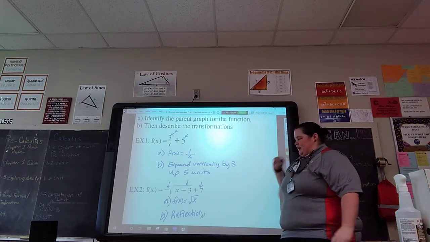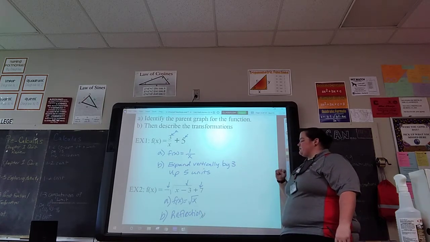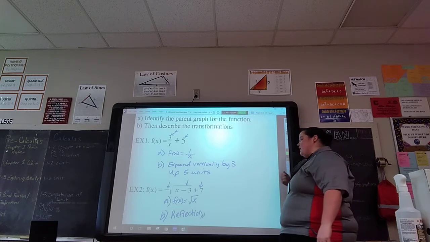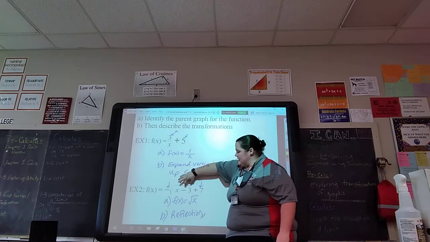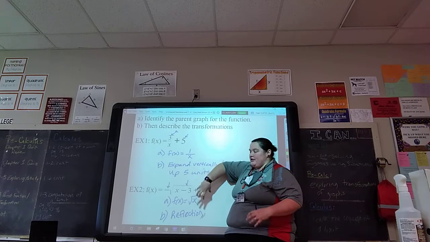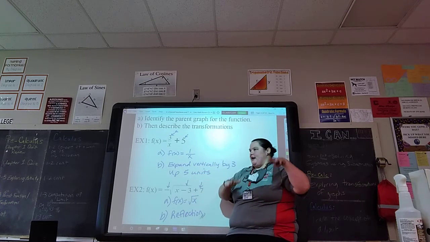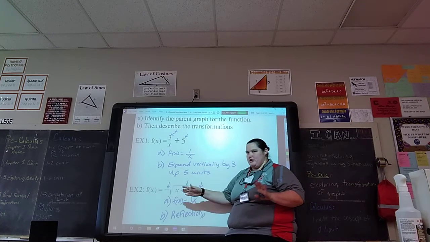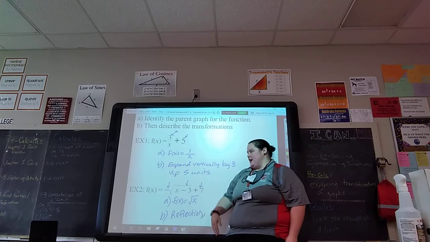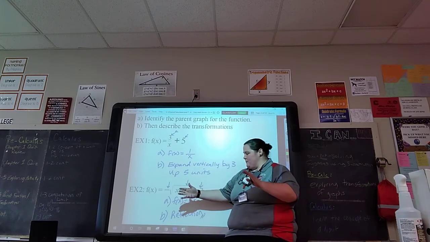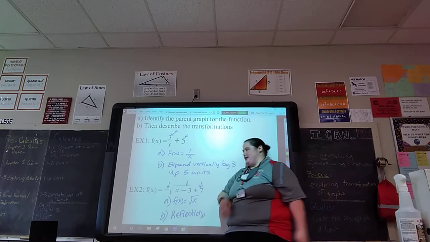What's that 3 in front telling us? An expansion, right, by 3. Since whenever you see addition or subtraction, it's going to move the graph left, right, up, or down. Since this is inside the function, this is a horizontal movement. It's opposite what you think. So the minus 3 there is going to move it right 3 units.